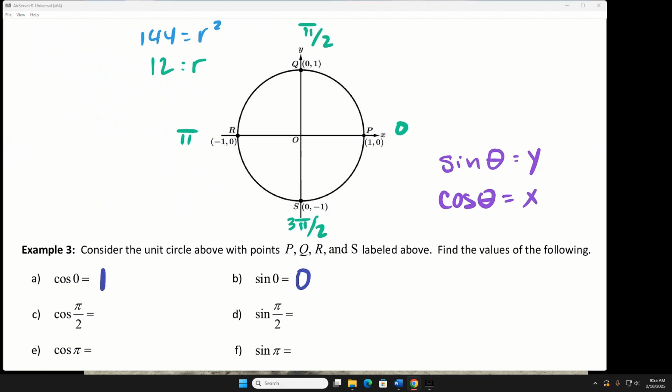For cosine of pi over 2, I go to the angle pi over 2, and I just give the x. For sine of pi over 2, I go to pi over 2, and I just give the y. You guys finish those other 4 for me, please, if you haven't already.